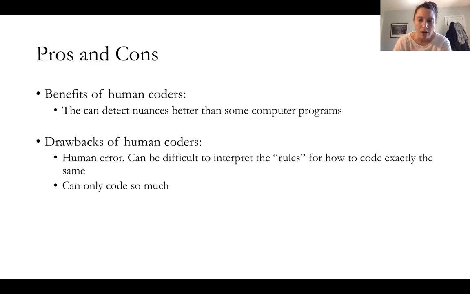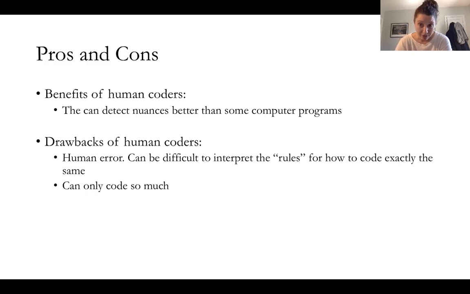What if you wanted to code news media content for sarcasm? A computer might be able to pick up on certain words that sound sarcastic, but human beings are going to be better at picking that up. So if the feature that you're coding is sarcasm, that's something that has some nuance, and humans are going to be really good at picking up on that in ways that computers can't.